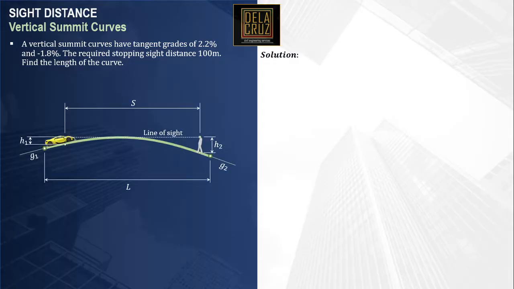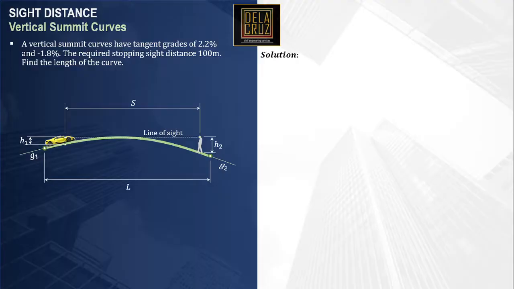So in stopping sight distance, we have two cases. In this figure, S is less than the length of the curve. The other case, S is greater than the length of the curve. So we have no choice here, we need to assume either way. It's up to you which assumption you make first.